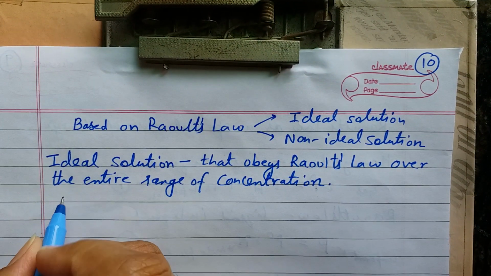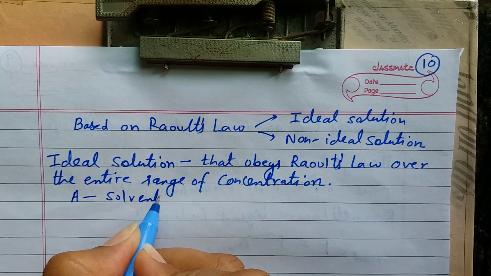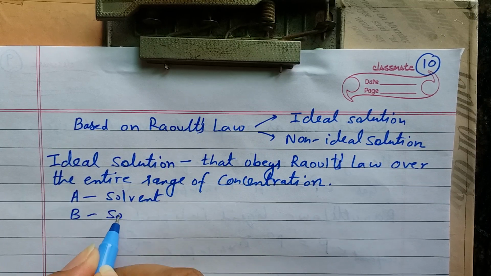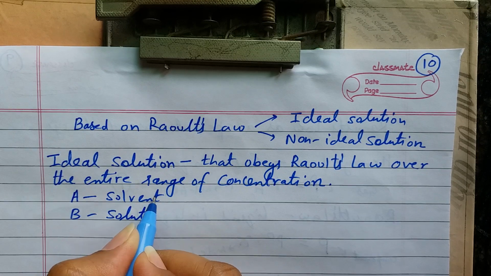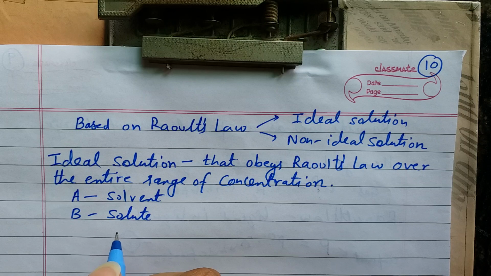Now let's say we have a solution in which A denotes the solvent and B denotes the solute. If the solution is ideal, it will obey Raoult's law.